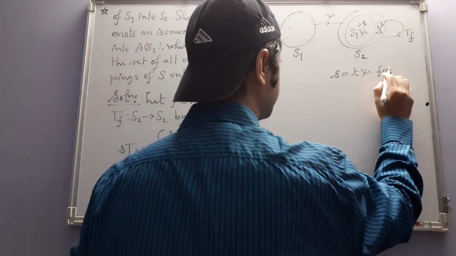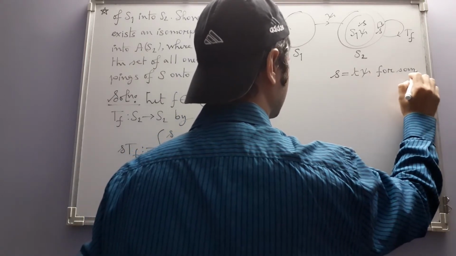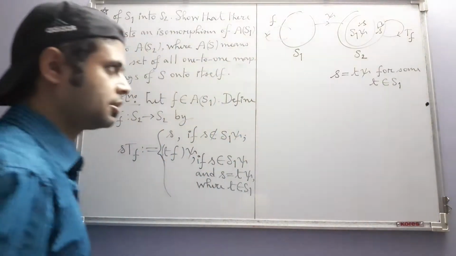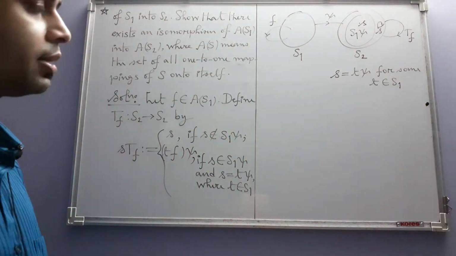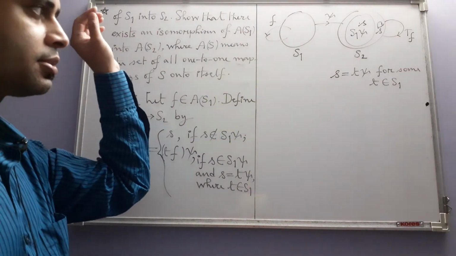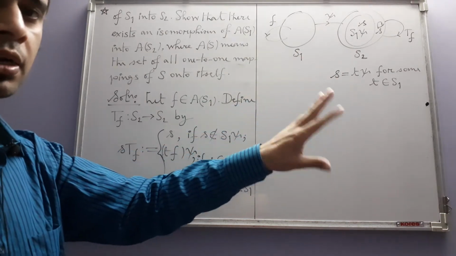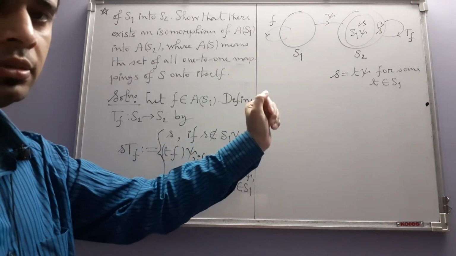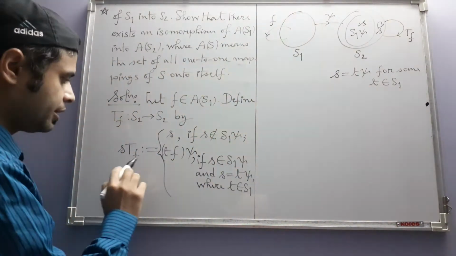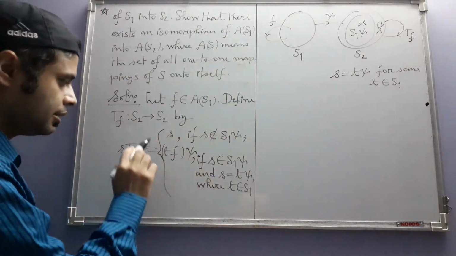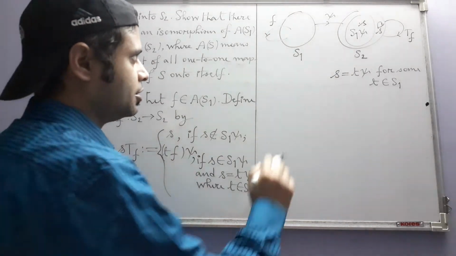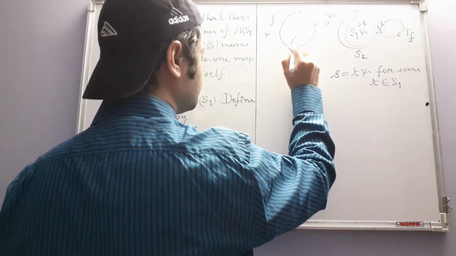S equals T psi for some T belonging to S1. Since S belongs to the image of S1, that particular S will be the psi image of some element in S1. Let that element be T. Then the output is defined to be TF psi.